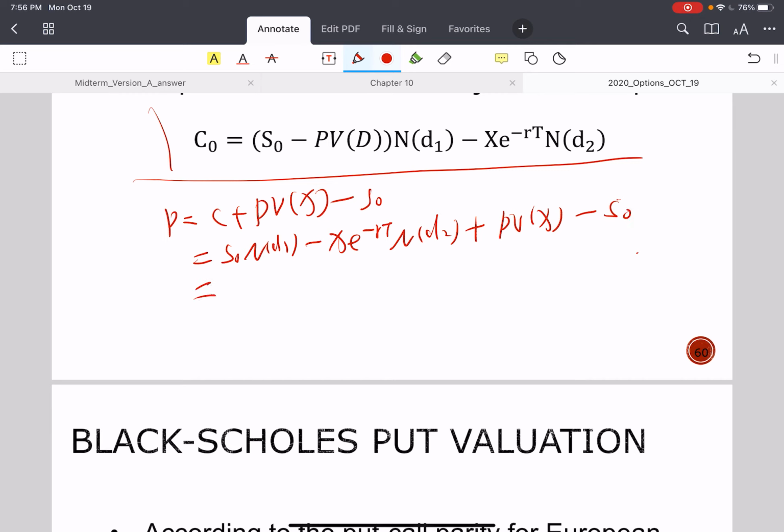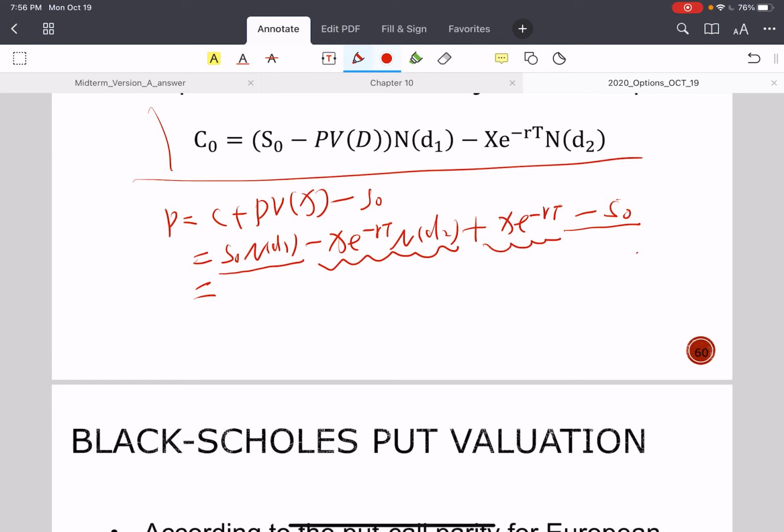And you can see that we can combine these. PVX is the present value of X, that is, X e^(-rT), and then you can find that this term and this term can be combined, and this term and this term can be combined, right?